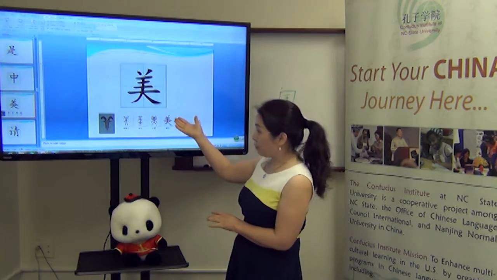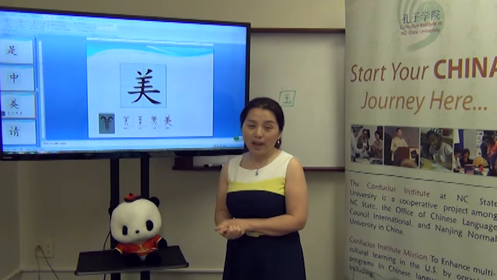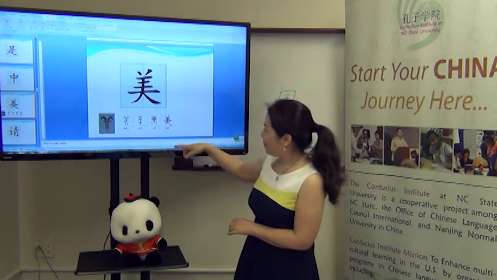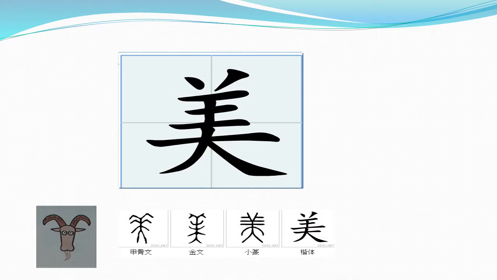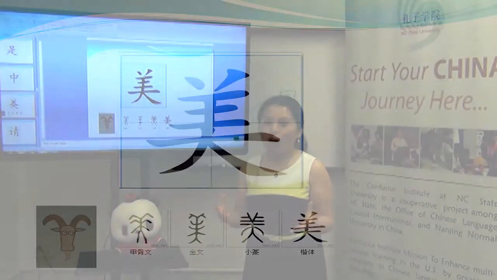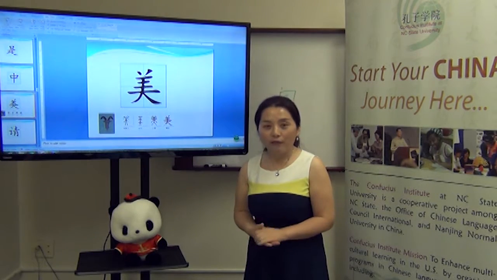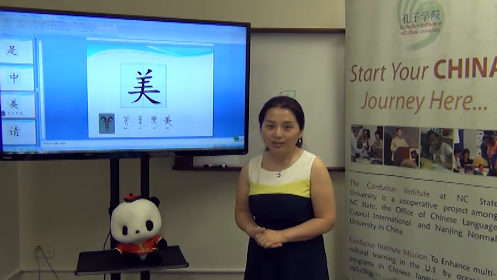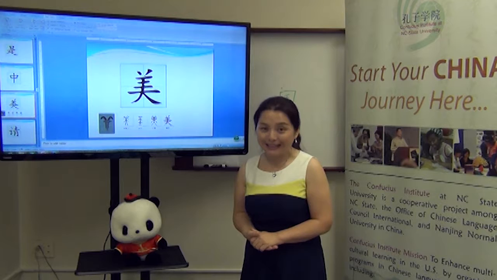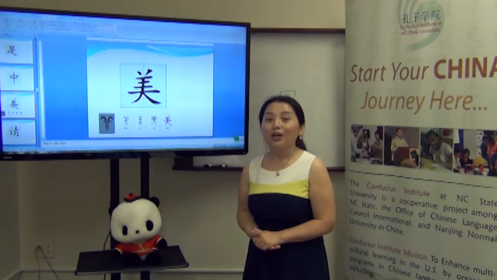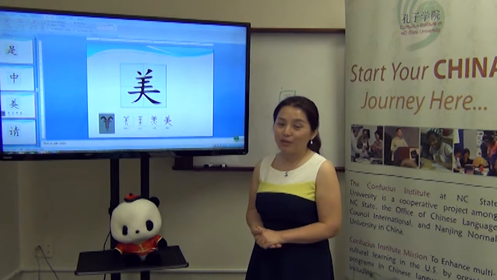So what is pretty? What is beautiful? The upper part of this character is a sheep. In the eyes of the ancient Chinese people, when they could offer a large sheep as a sacrifice to the ancestors and the gods, the ancestors and gods would definitely be pleased, and that's something good, something pretty, something beautiful.